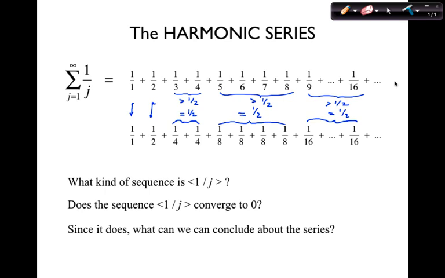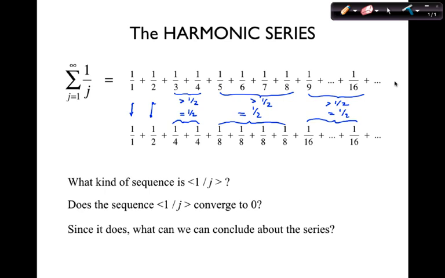So we need to revise our hypothesis, or revise our understanding. If the sequence doesn't go to 0, then what's true about the series? If the sequence doesn't go to 0, then the series diverges. What about if the sequence does go to 0? Now what's our conclusion?